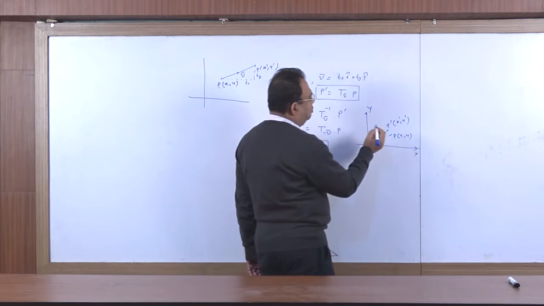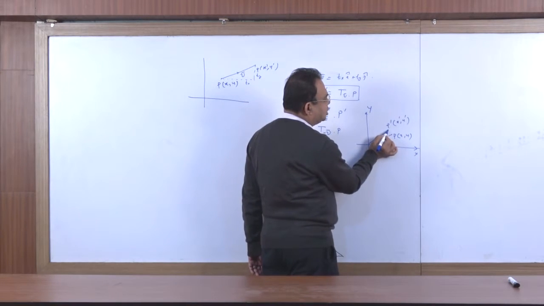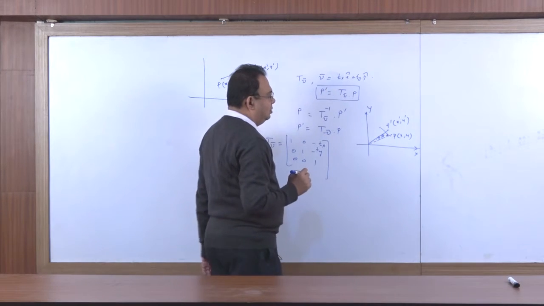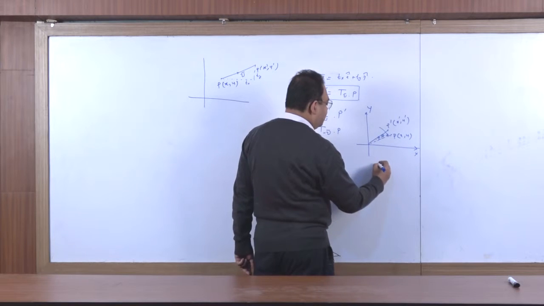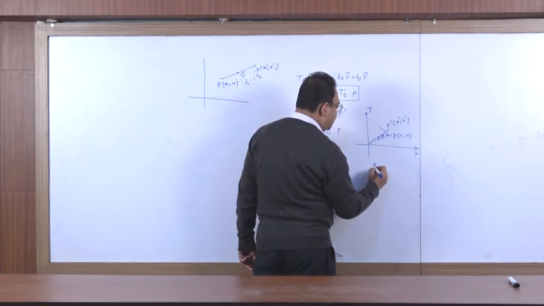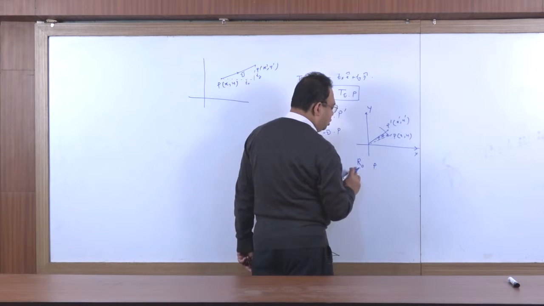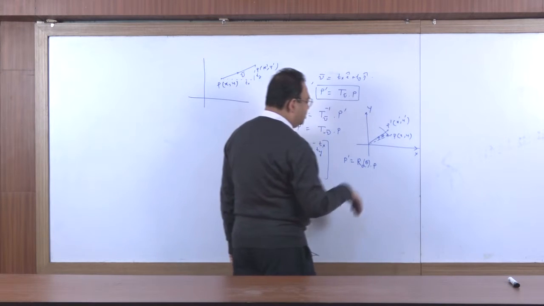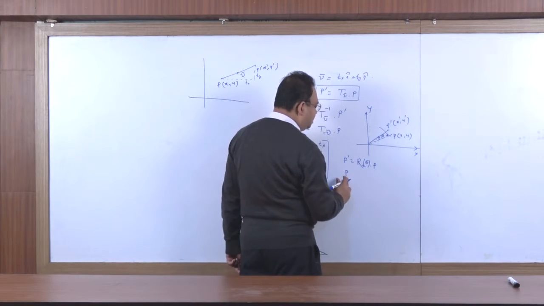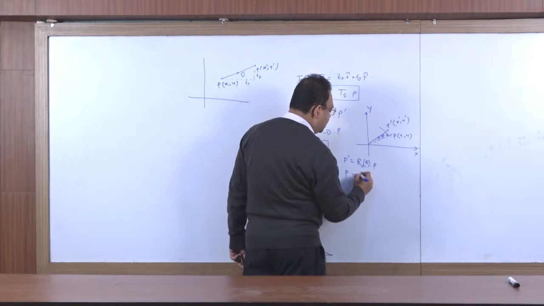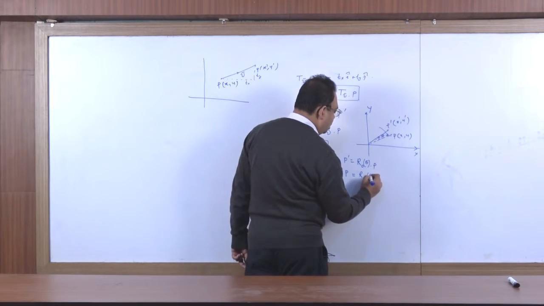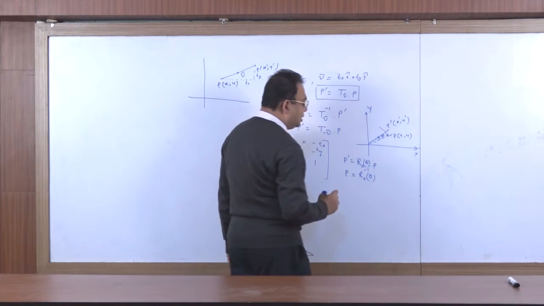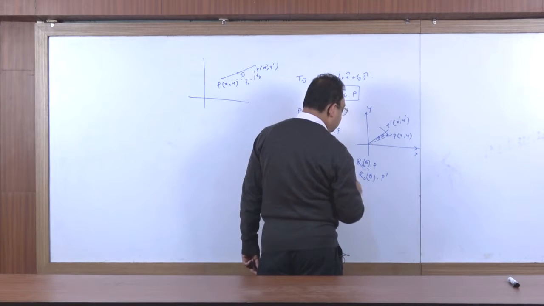So if we want to bring back the object point P dashed to P, then we have to give rotation opposite to the earlier rotation. Earlier we said that on P we operated R, rotation with respect to origin through an angle theta, and we got P dashed. So the inverse operation will be: P will be obtained from the inverse of the operator R 0 theta, the rotation with respect to origin, operated on P dashed.